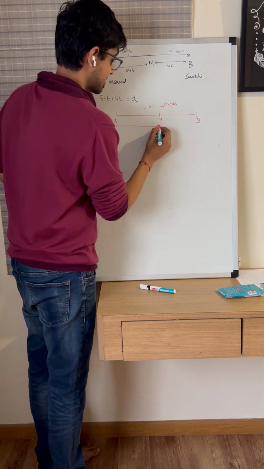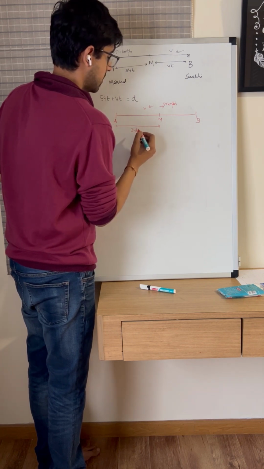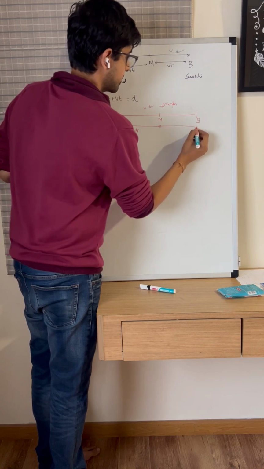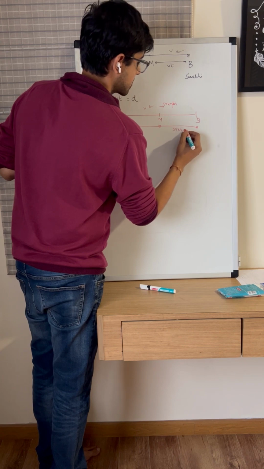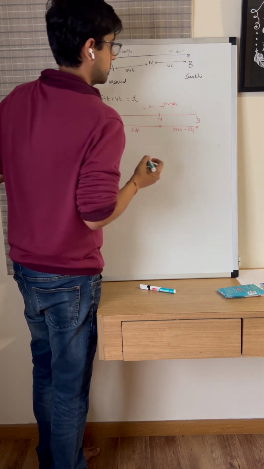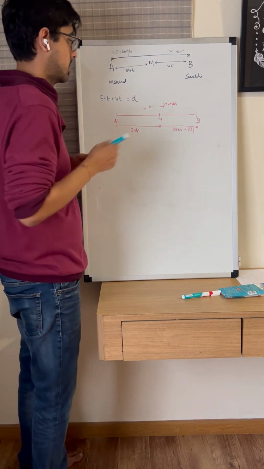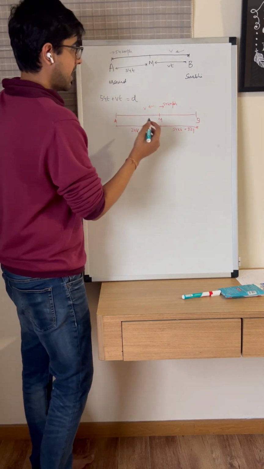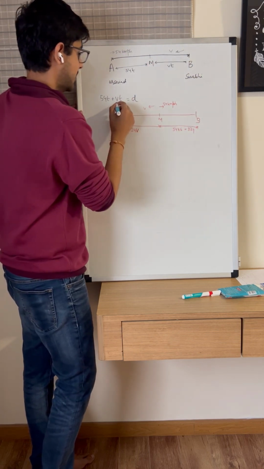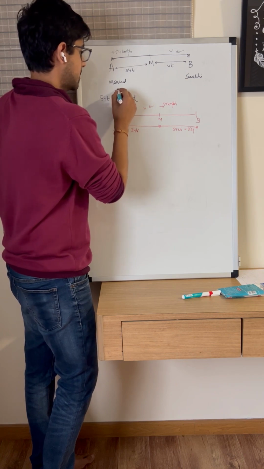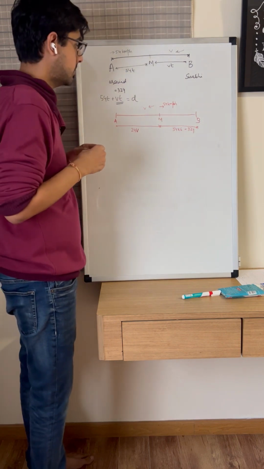So this distance is 24 hours into V and this distance is 54 into 6, which is 324. So far all good? Amazing. So we already have one more equation when I compare these two: this value of Vt is equal to 324. So far all with me?